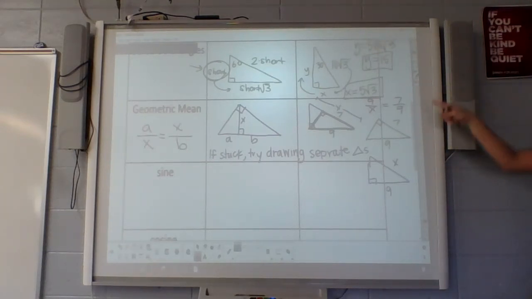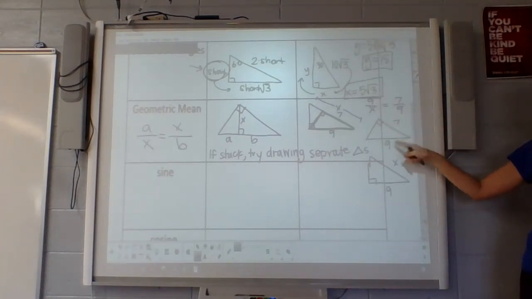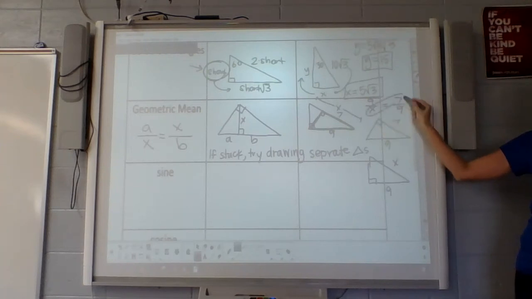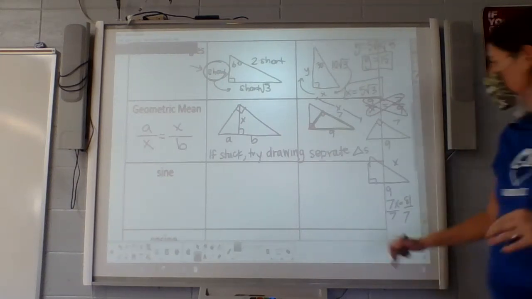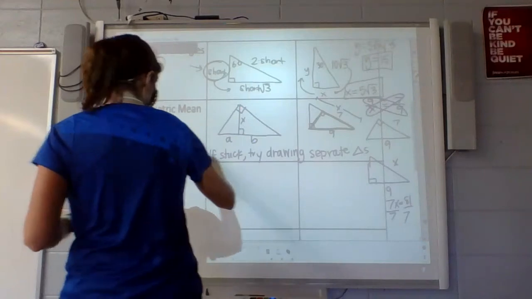I now have the 9s opposite each other because the 9 is like the shared side. So I would cross multiply and set equal, so 7x equals 81, and then I would solve that. Divide by 7, and so I'm going to find out x is like 11 point something. Sorry, I kind of ran out of space there.